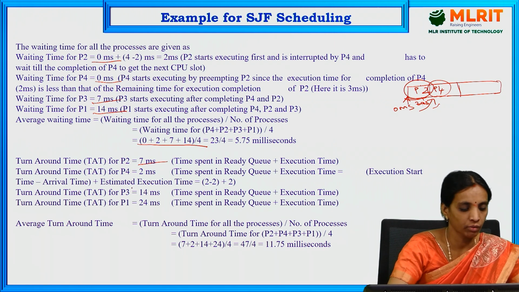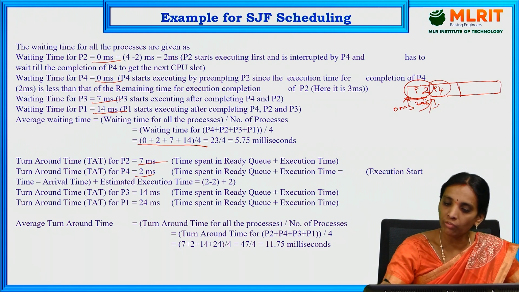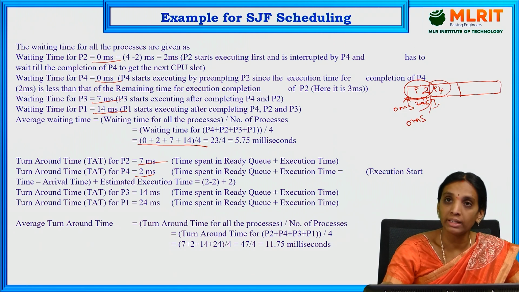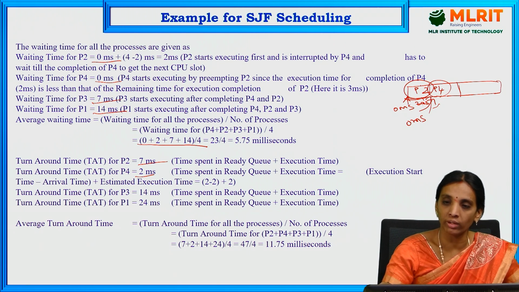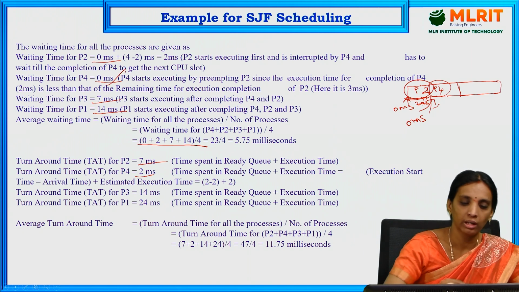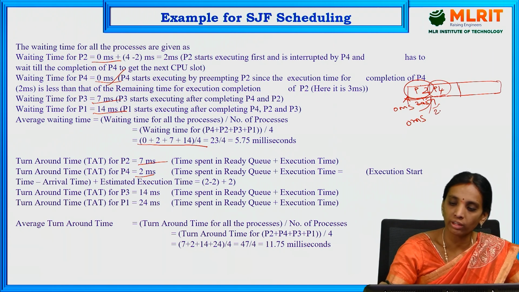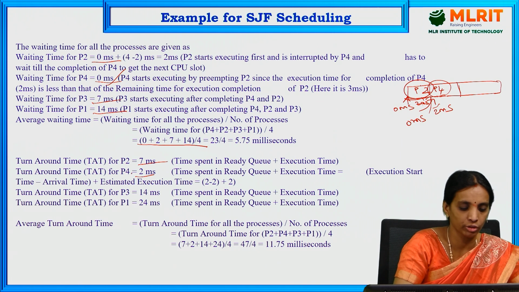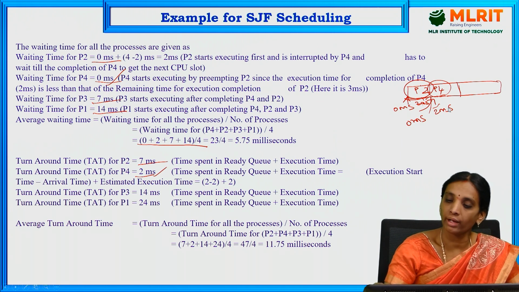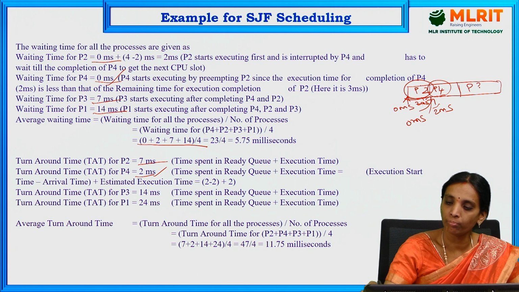The turnaround time for P4: it enters at 2 milliseconds and immediately starts, so the waiting time is 0 milliseconds and its execution time is 2 milliseconds. Therefore, 0 plus 2, 2 milliseconds is the turnaround time for P4.